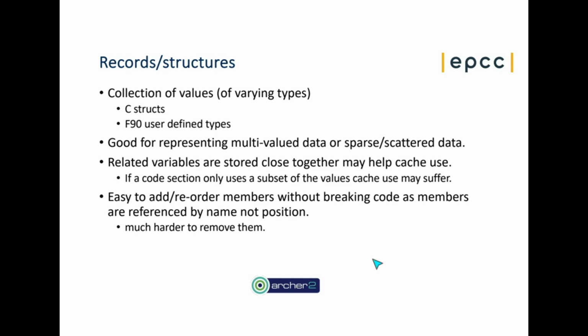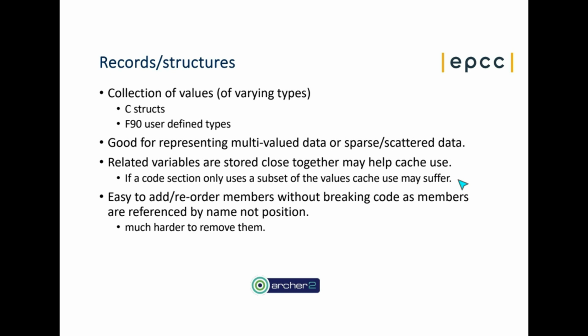Okay, records and structures. It's a nice programming convenience. So use structs in C or user-defined types in Fortran 90 and later versions of Fortran. If you can store related variables close together in memory, then that might help cache use.